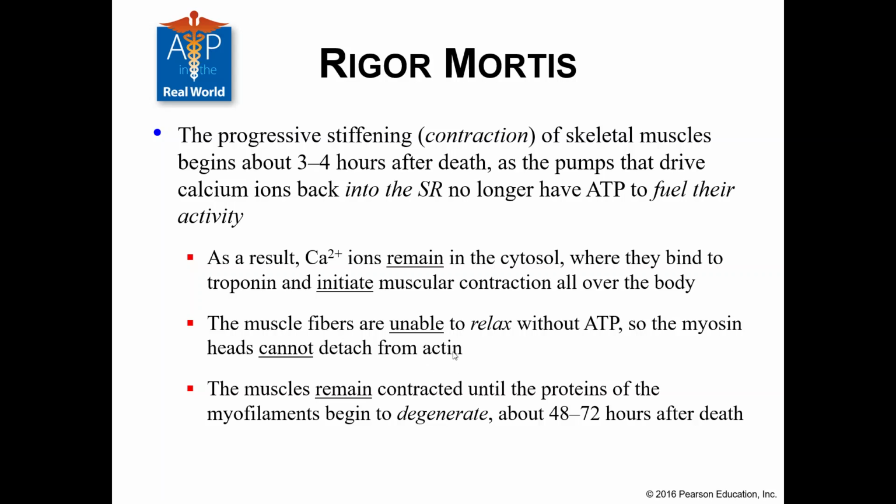They're stuck in a contraction, and they will stay that way until the myofilaments themselves start to degenerate or degrade. Basically, your body starts to break down itself. And this happens anywhere between about 48 and 72 hours. So you start to get stiff 3 to 4 hours after death, you stay stiff for about 2 or 3 days, and then you just go floppy. You don't really care, you're dead.